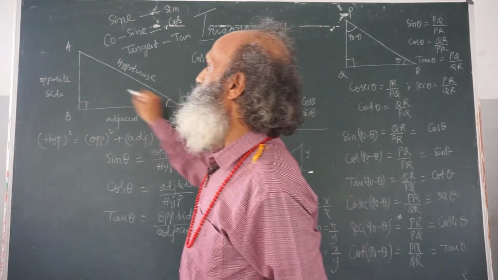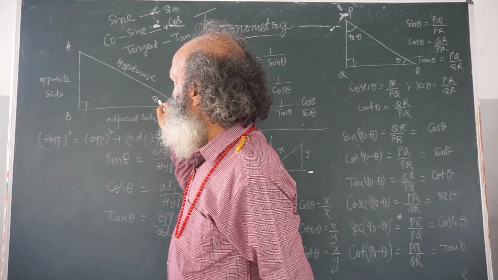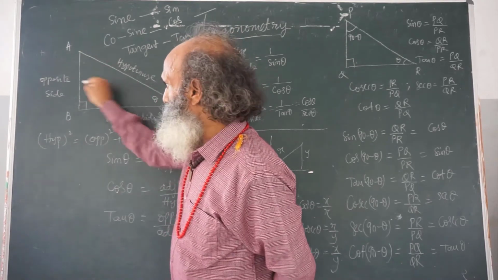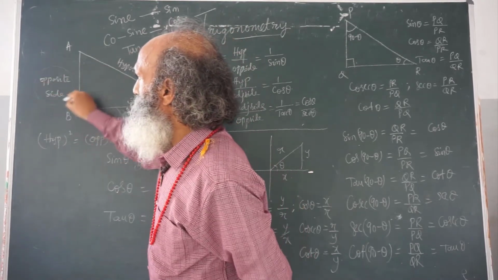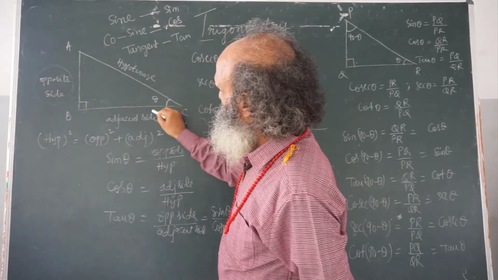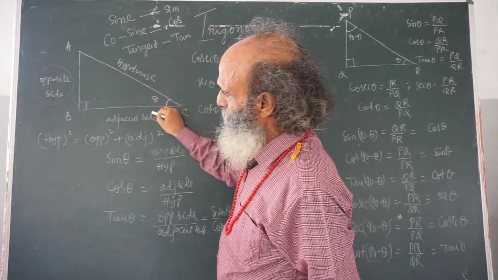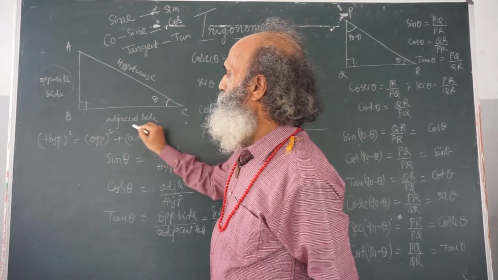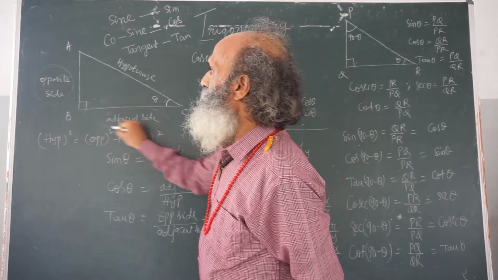Now, for this theta, AB side is opposite. So, we call AB side the opposite side. And this BC is next to theta, side to theta. Therefore, we will call this side the adjacent side.